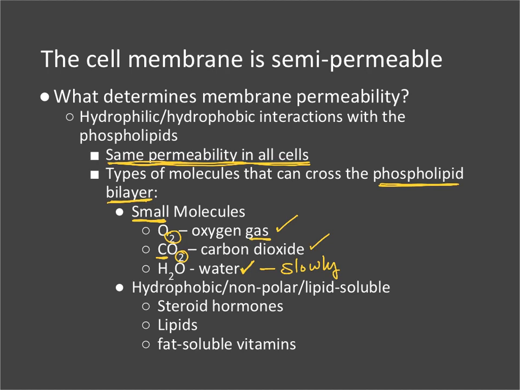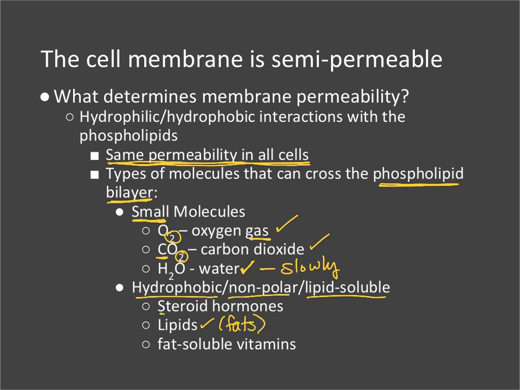Other things that can cross that phospholipid bilayer are going to be things that are hydrophobic, nonpolar, and lipid soluble. And these 3 terms go together because things that are lipid soluble are hydrophobic, things that are nonpolar are lipid soluble, etc. And so we're primarily talking about things that are lipids or fats and things that can dissolve in fats.